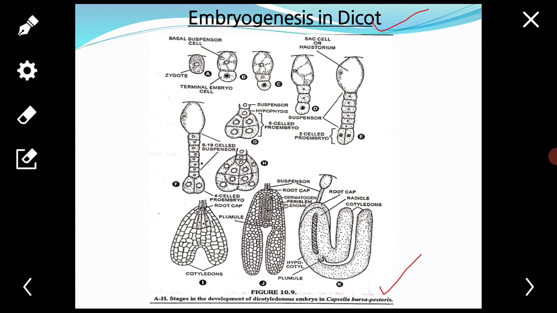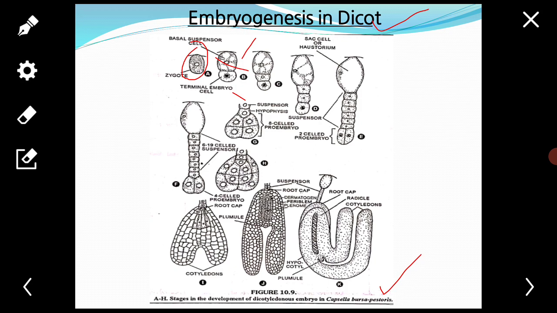In the type of embryo development, the zygote enlarges in size, secretes its own cellulosic cell wall, divides by a transverse division, and that transverse division produces the two unequal cells.